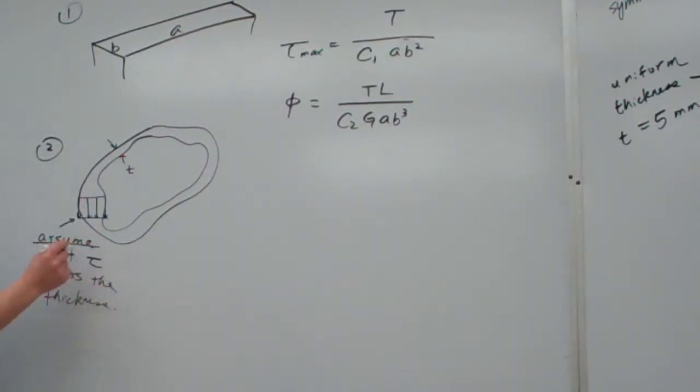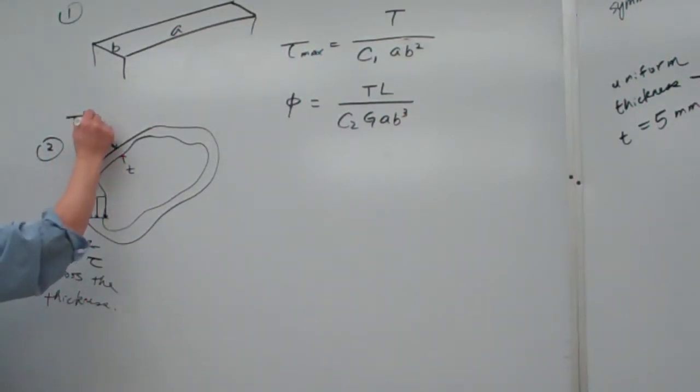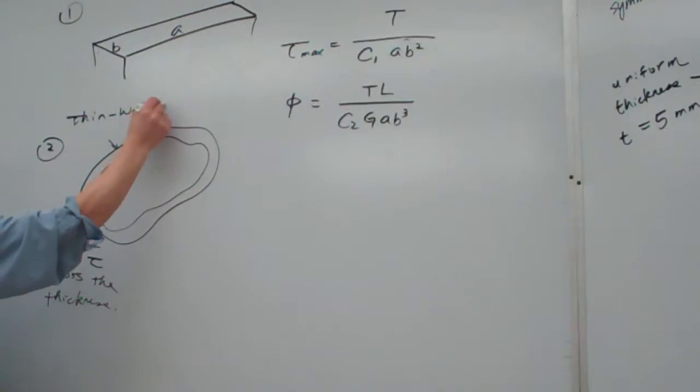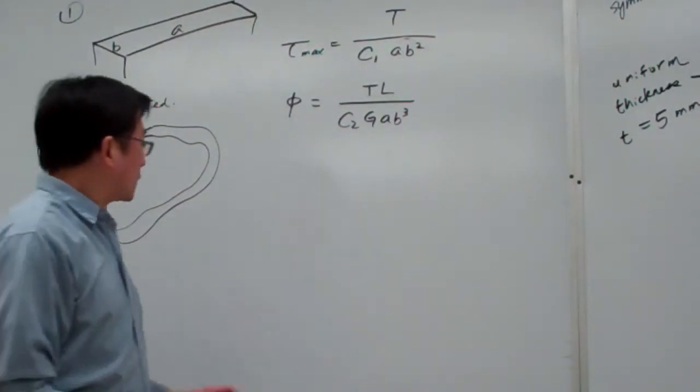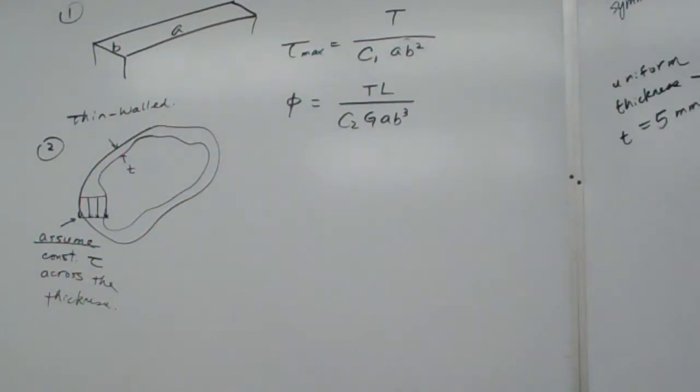This assumption is not so accurate for a thick one, but for a thin wall that works just fine. So we emphasize this is for thin wall structures. That means the t, although it can vary, shouldn't be too thick. Otherwise, we have to come up with a thick wall. They do have a thick wall tube theory, and that one takes non-neutral. So this one is what we have.